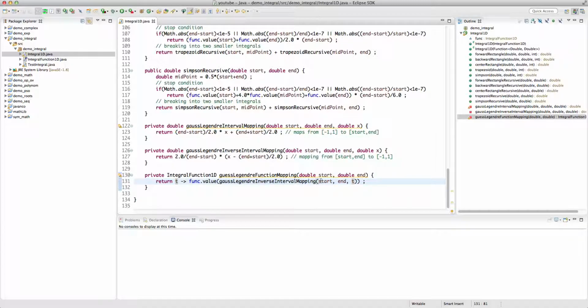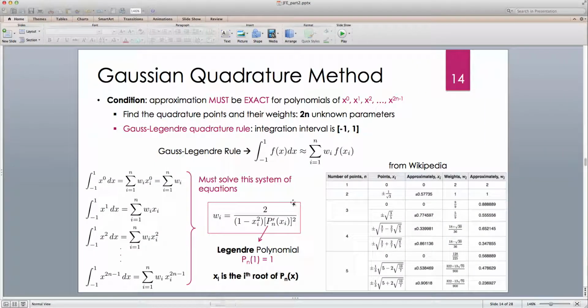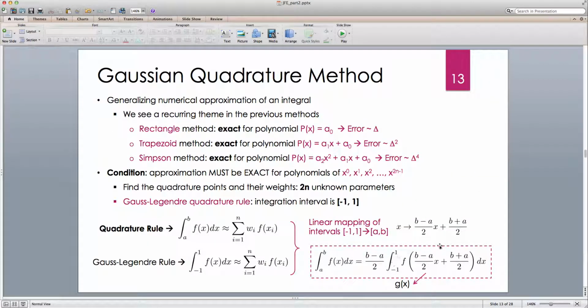Okay, so basically what happens here is that we create a function, so t is in the interval start to end, and then we use the inverse interval mapping to map it to -1 to 1 and create an integral function 1D, a functional interface that represents, basically, if I go back here, our g of x here.